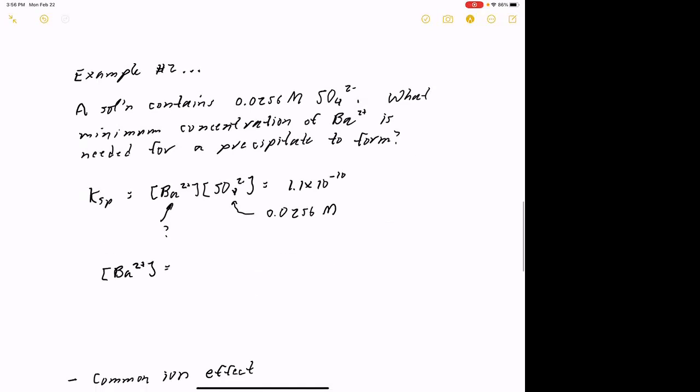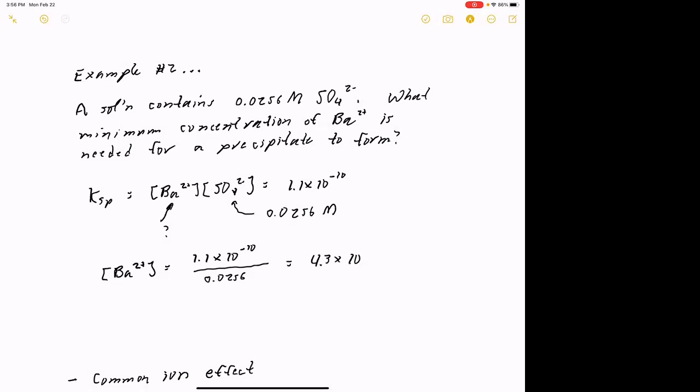That's going to equal my KSP, which is 1.1 times 10 to the minus 10th, divided by my sulfate ion concentration, which is 0.0256. I'm just going to leave molar out here because we know K values don't carry units, but we know we have to end up with a molarity. So I can actually work this out, and to 2 sig figs, I get 4.3 times 10 to the minus 9th molar.